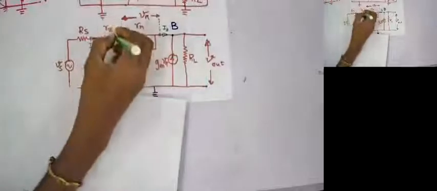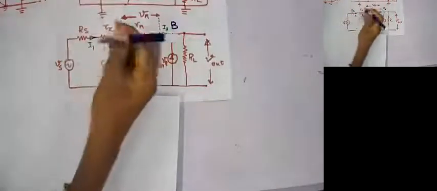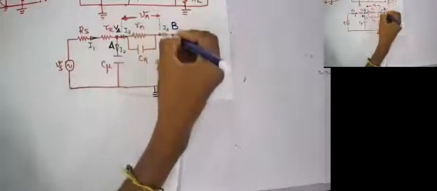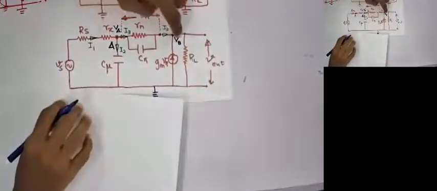So now we'll apply Kirchhoff's current law at points A and B. First, we'll apply Kirchhoff's current law at this point. At this point, let's take the voltage as VA, for simplification, and this as VB. This is VA and VB.